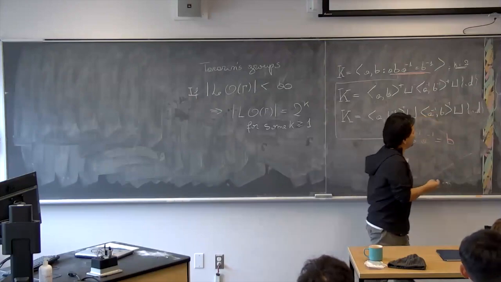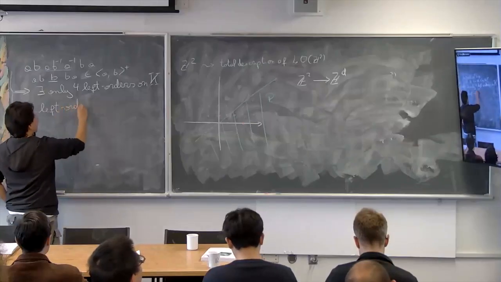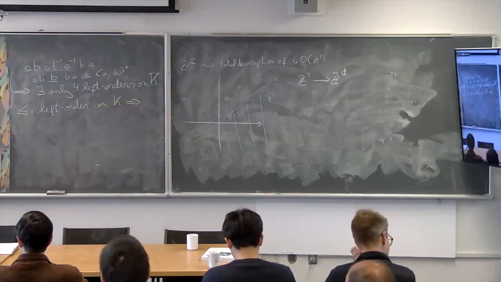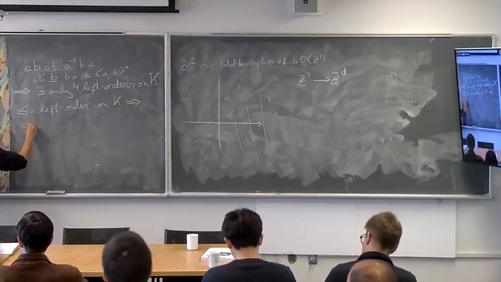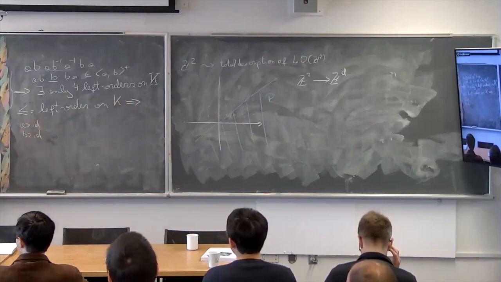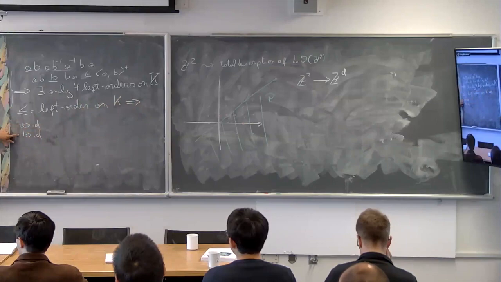And if you have an order on K, well, you look at A and B, and there are 4 possibilities. There is a possibility that A is larger than the identity and B is larger than the identity. And in this case, all products of positive powers of A and B are positive.